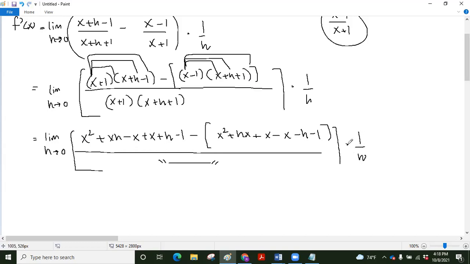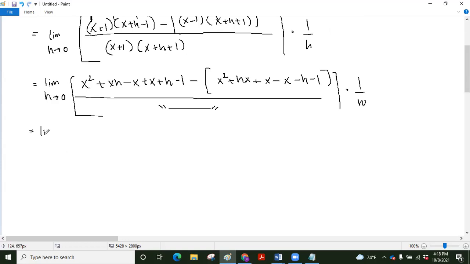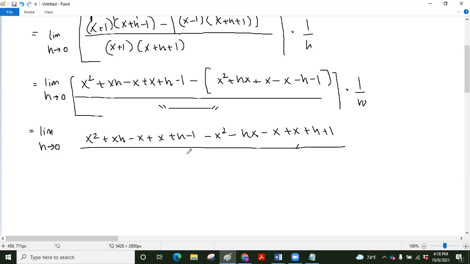One over h. So x squared plus xh minus x plus x plus h minus 1. So x squared plus xh minus x plus h minus 1 minus x squared minus hx minus x plus h plus 1 over everything we had before.